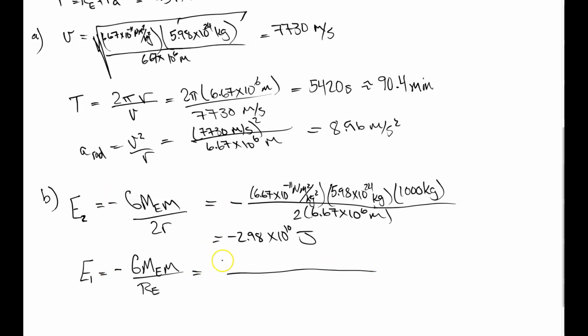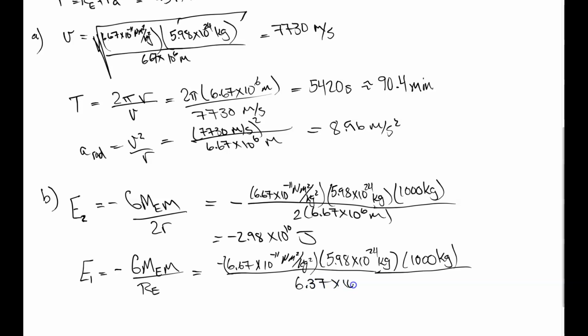Plug in these numbers, we get minus 6.67 times 10 to the negative 11th Newton meter squared per kilogram squared, 5.98 times 10 to the 24th kilogram, still 1,000 kilograms, but now this is just 6.37 times 10 to the 6 meters. And this gives us a potential energy of negative 6.25 times 10 to the 10th joules.